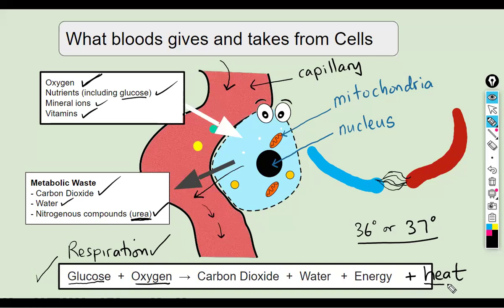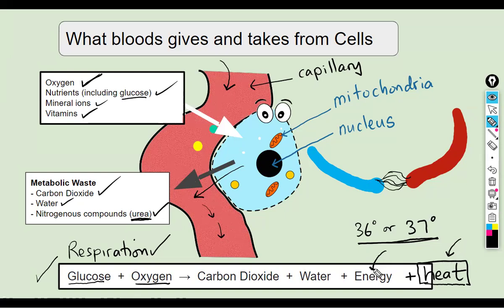And respiration produces heat. So even though it's a little bit of heat per cell, when you add up all the heat from those trillions of cells, you get roughly 36 or 37 degrees. That is a measurement of how much heat your body is producing by respiration. And heat is a type of energy.